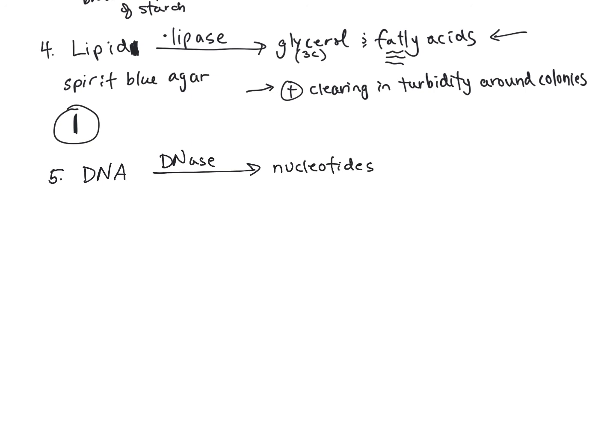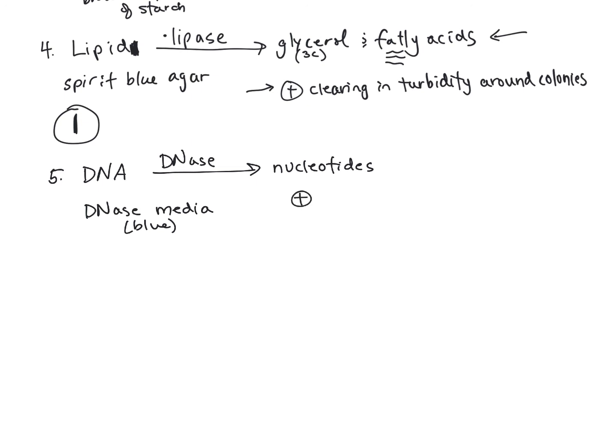So remember, a nucleotide is the nitrogenous base, the sugar, deoxyribose, as well as the phosphate. So those 3 things make up a nucleotide. The media here, we just call it DNase media, not because there's DNase in it, but because we are testing for the enzyme DNase. It's another blue one, but this one, if you hold it up to the light, you can see through it.